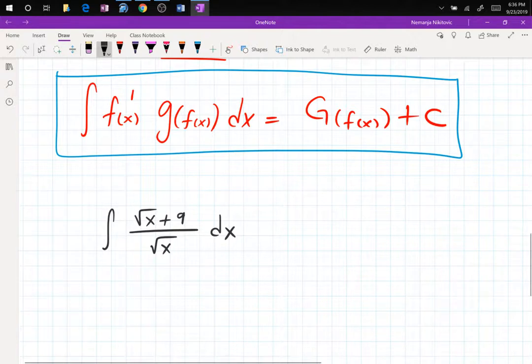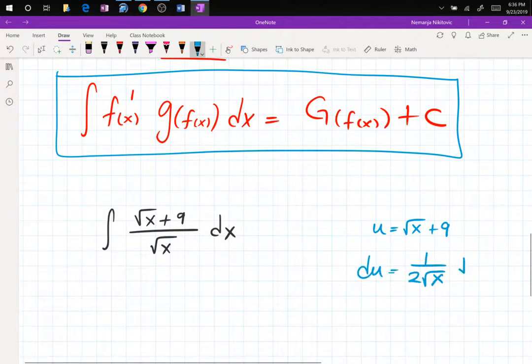I am going to use u sub, but we are also going to do it the other way using algebra. So if you are using u sub here, that's u equals square root of x plus 9, then your du is going to be 1 over 2 root x dx. And you immediately see that you don't have this 2 in front of the root x. You already have 1 over root x, but you don't have the 2 in front.